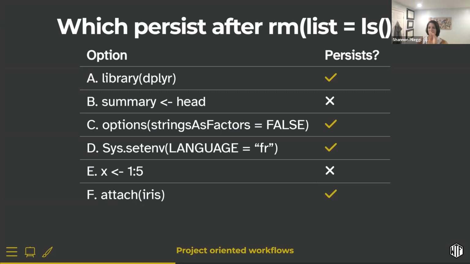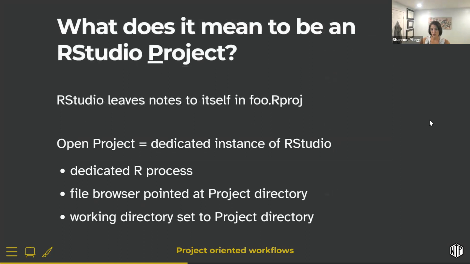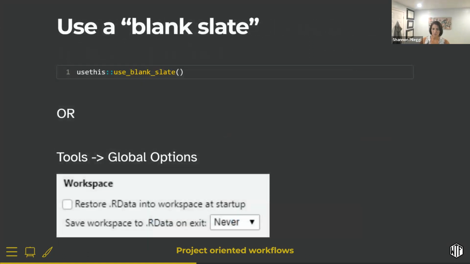I might need to double check that. But for the most part, I don't think any of this should persist after you restart R. So it's giving your project a true blank slate when you're trying to debug what's going on line by line or why things are going wrong.